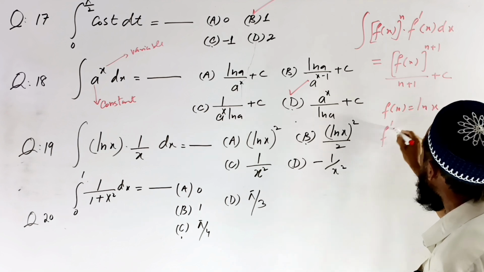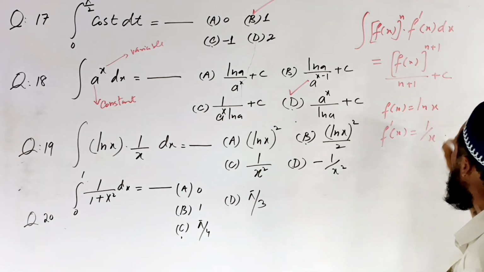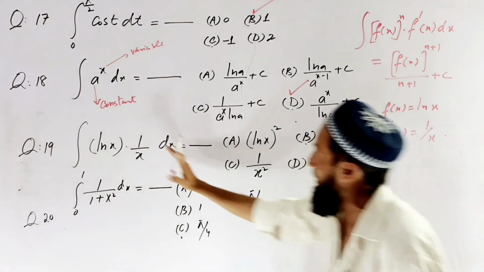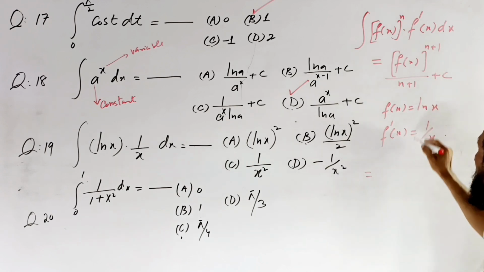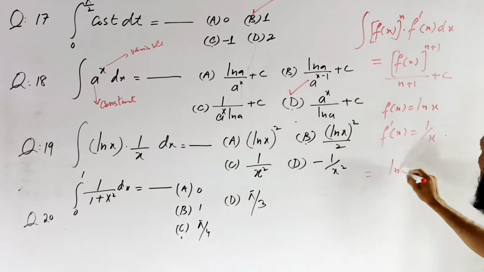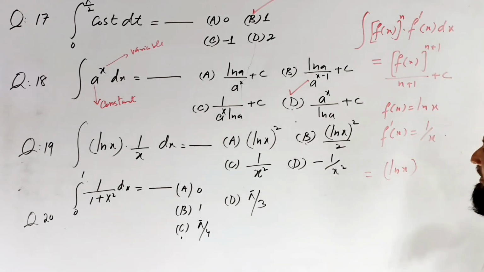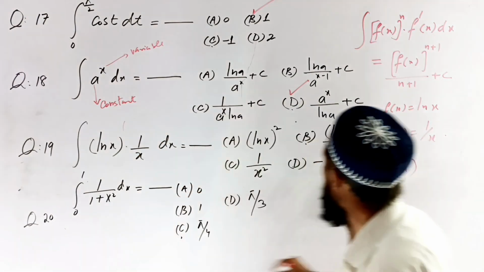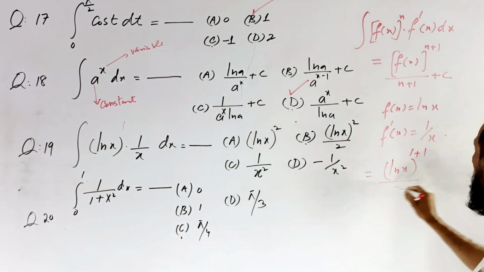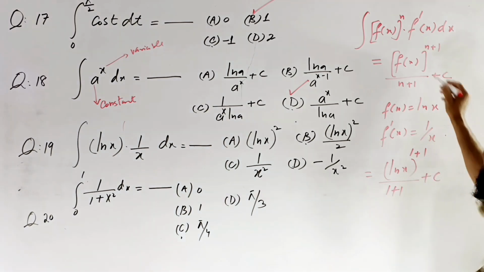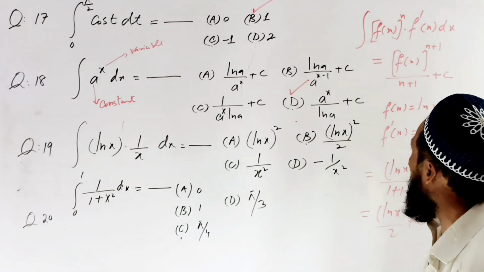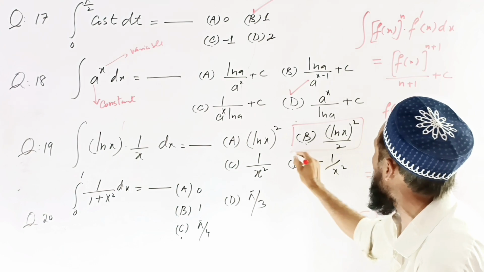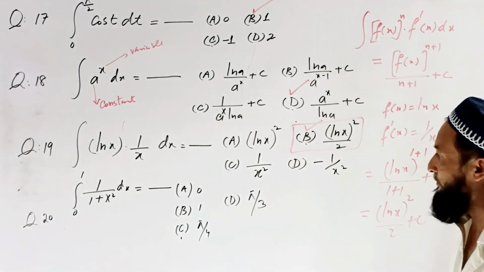If we take the derivative of this function, we get 1 over x. It means its derivative f dash x is available, so we use this formula. We can write log of x to the power n plus 1, where n is equal to 1, divided by 1 plus 1, plus c. So log of x whole square divided by 2 plus c. So B is the correct option.